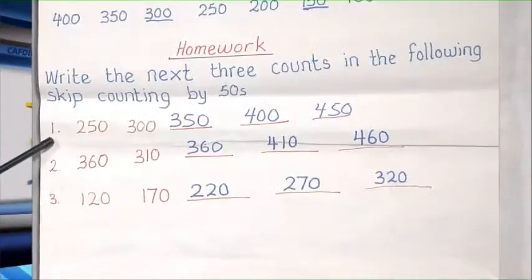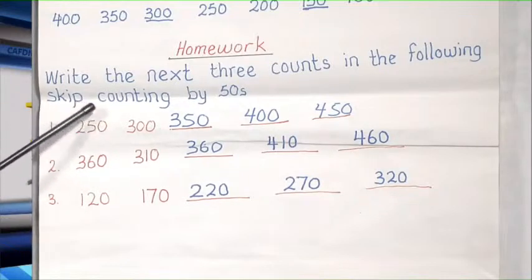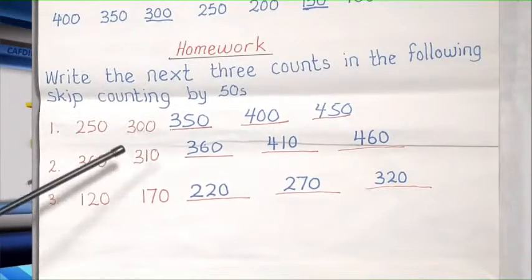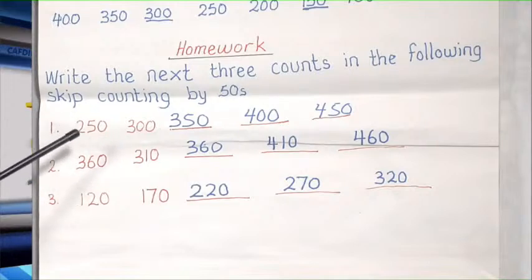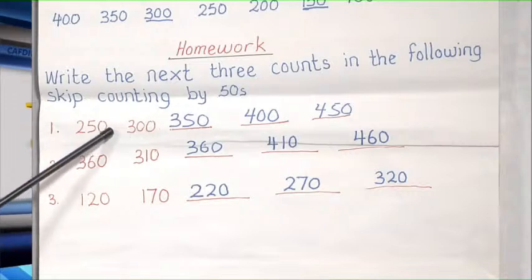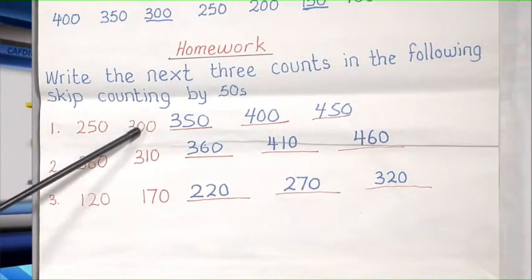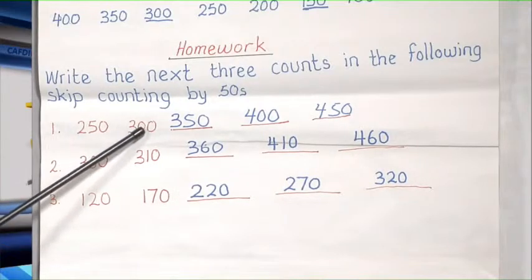The first one, we have 250, and the next one was 300. So it tells us clearly that they added 50 to it for this to become 300.